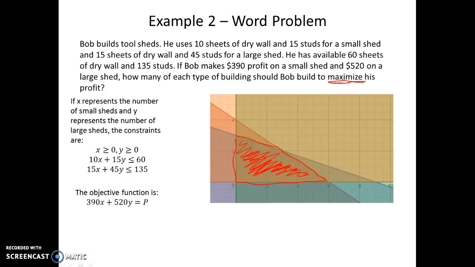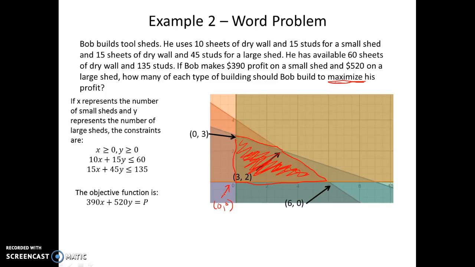Looking at the feasible region, we now analyze for our profit. We need to look at our vertices. Our vertices are at 0, 3, 3, 2, and 6, 0. I also have one down here at 0, 0. But 0, 0 will not give me a maximum, so I'm not even going to test it.